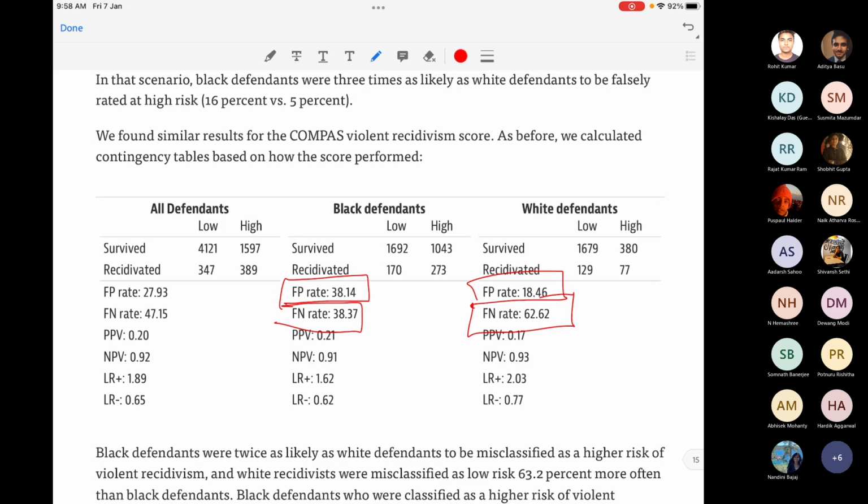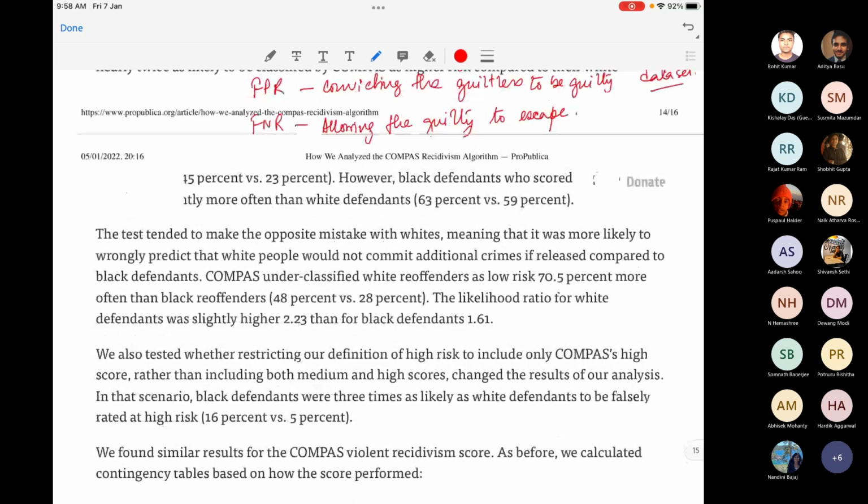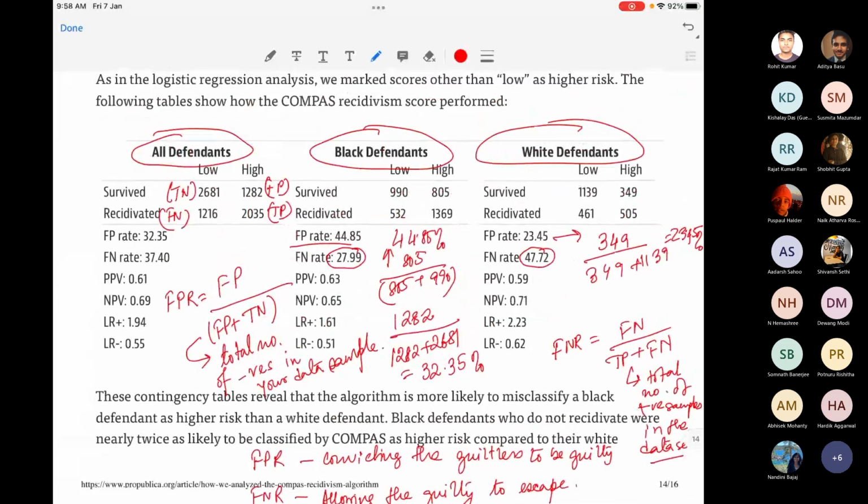Sir, I had a question. Yes, go ahead. Is the data sufficient for us to conclude, like these numbers 1692, 273, are they sufficiently high for us to conclude whatever we are concluding? So this one is not so small.